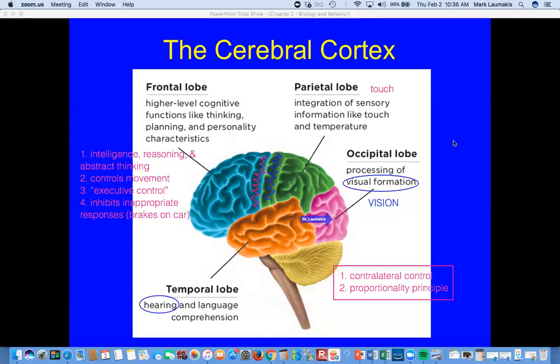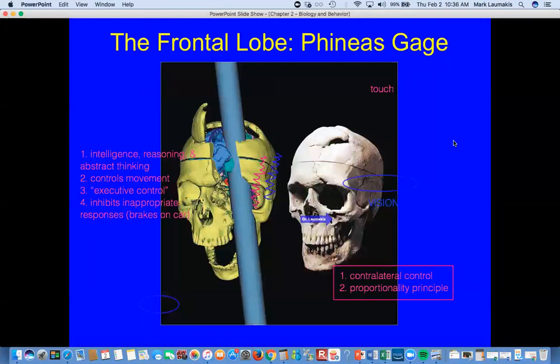All right, couple final points here regarding lobes of the cortex. The frontal lobe information that I shared with you guys, especially this point here about inhibiting inappropriate responses, we came to know a lot of that stuff because of the famous case study of Phineas Gage. I mentioned his case study last week when we were talking about case studies as an approach to descriptive research designs.